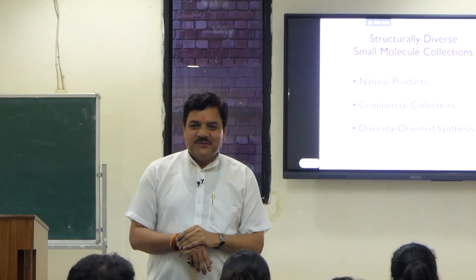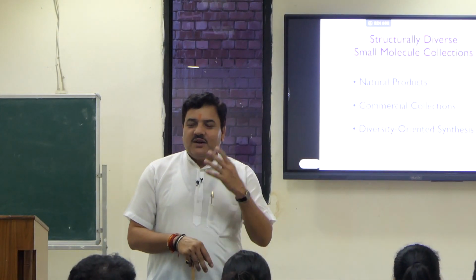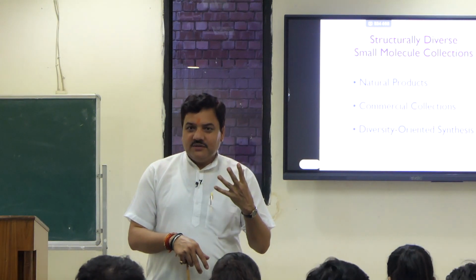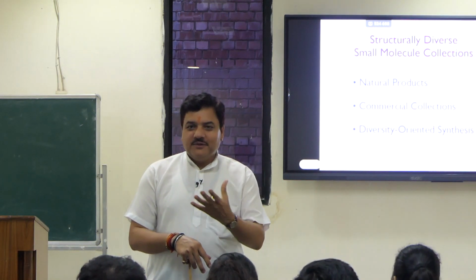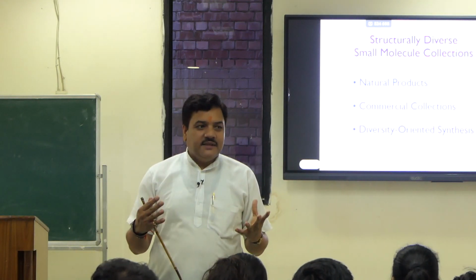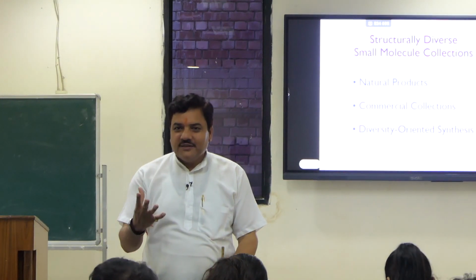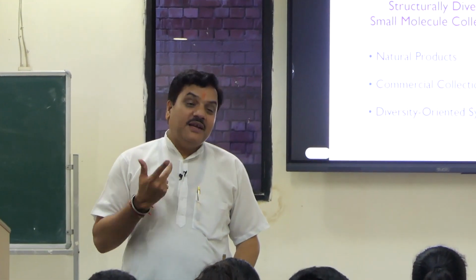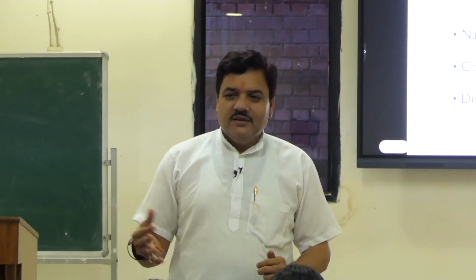The exact number I also don't know, but it is around 40 million molecules. That number of molecules already exists in the literature. They have been made either as natural products, or there are so many people around the globe doing PhDs, and in a PhD you have to either make a new molecule or find a new biological activity. So people keep making molecules.